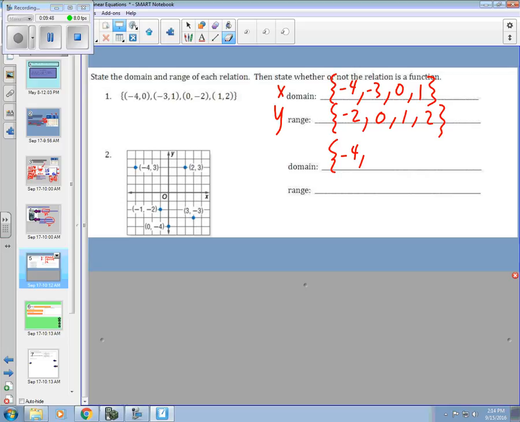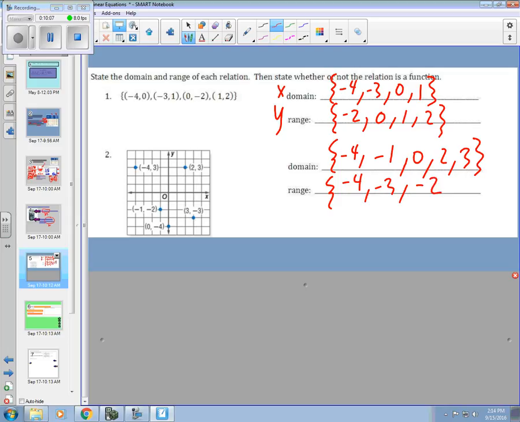I'm looking at the wrong thing. Next biggest one would be -1, then 0, then 2, then 3. Range, that's our y values. So the smallest one looks like -4, then -3, -2 is another one. And then 3 shows up twice. Now, if it shows up twice, we don't need to list it twice. We only need to list it one time.